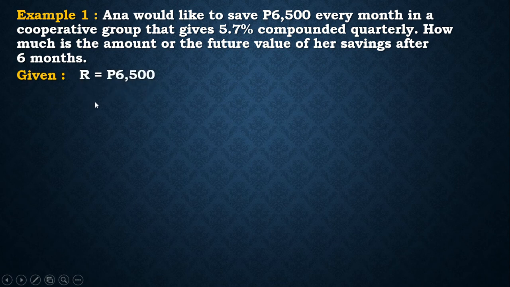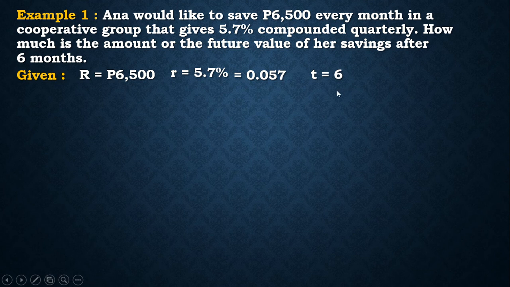We have the given, R is equal to 6,500. R or the nominal rate, that is 5.7%, ito po siya. So, ito po ay dapat laging dinidivide sa 100. 5.7 divided by 100, that is 0.057. And then we have the term or time, which is 6 months.